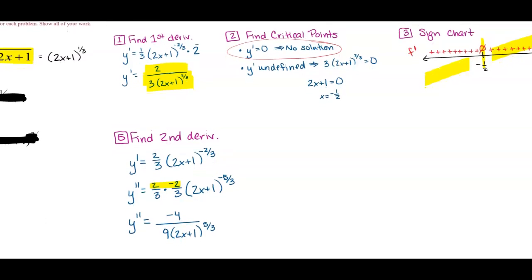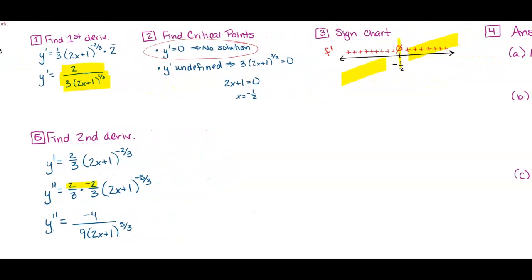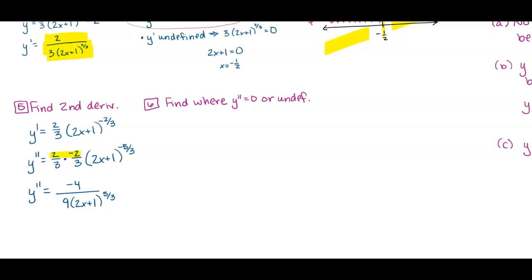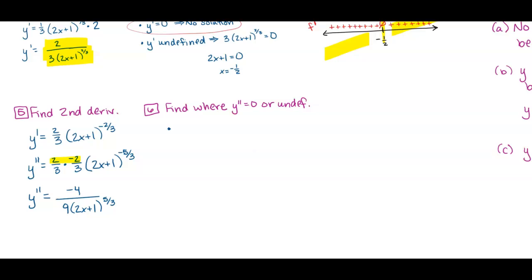Then I'm going to follow the same couple of steps here with my second derivative instead of my first derivative. So number 6, we don't call them critical points, but we're going to find the places where the second derivative is 0 or undefined. And just like before, if there's nothing in the numerator to set equal to 0, it's just a constant, it's never going to be 0 in the numerator, then to say y double prime is equal to 0 is not going to have a solution. There's nothing that's going to make that 0.